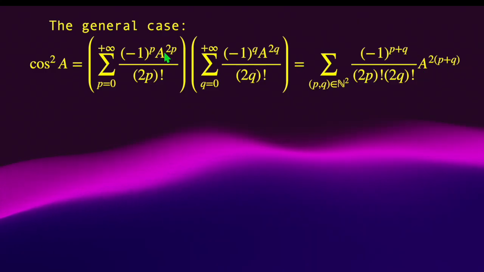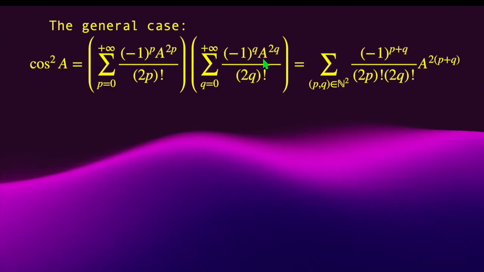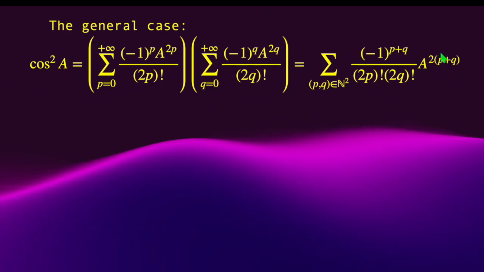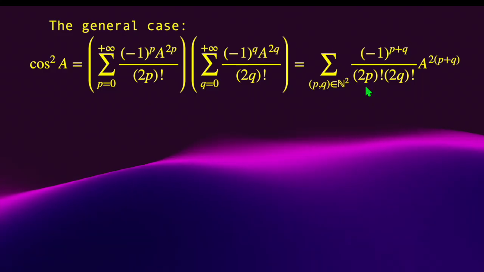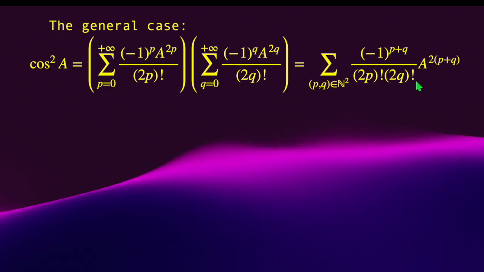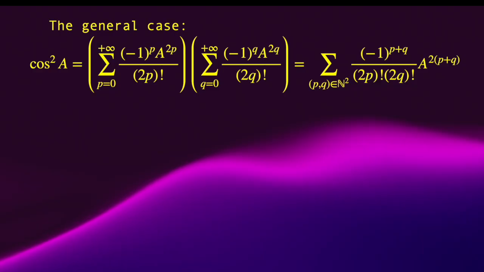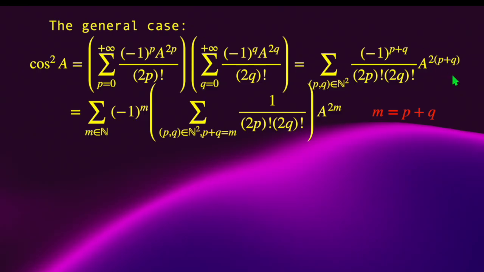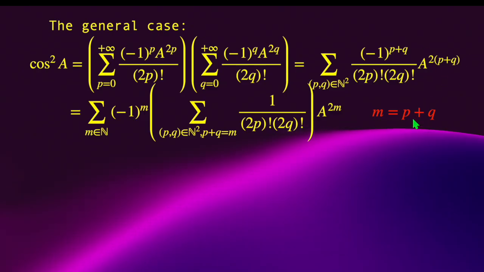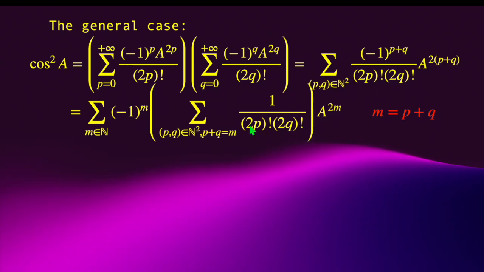So we will get A power 2p times A power 2q, and minus 1 power p minus 1 power q, and we get this formula. Now we will work on this formula to make it simpler, and we start by taking m equal p plus q.